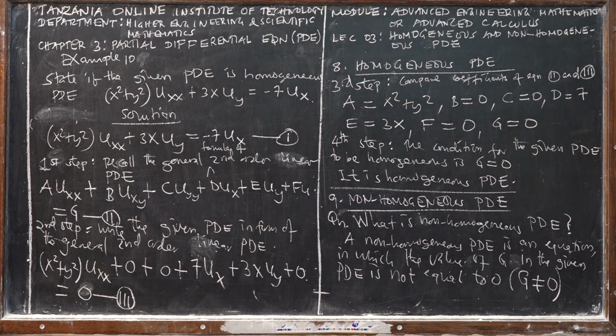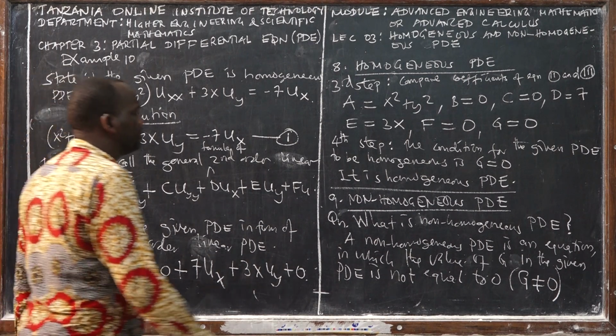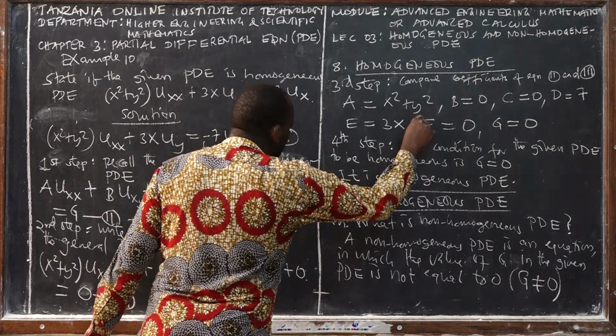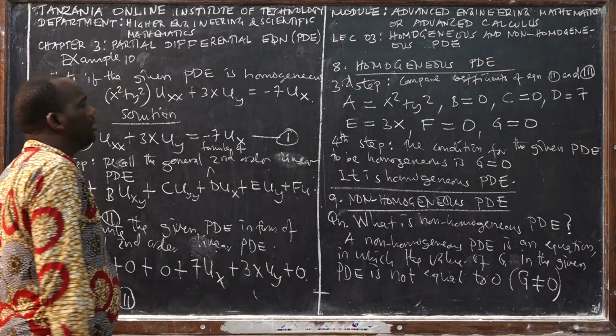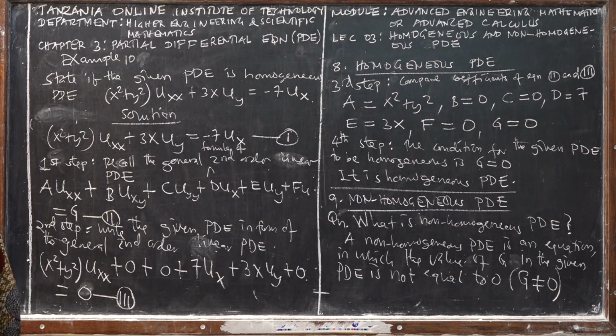Pardon? If it is equal to 0, that means it must be equal to a certain integer. If it's equal to, let's say, 7, we say minus 7 equal to 0. You can change it to be homogeneous. Is it? I don't understand your question. The question is, is it possible to change the non-homogeneous partial differential equation to be homogeneous?